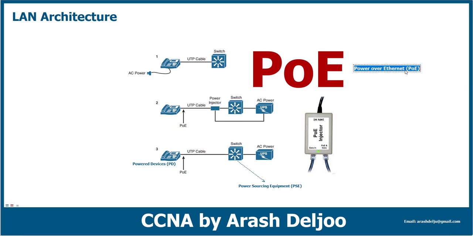You know that in one network, for each device, we need to have power. For example, for the PC, the switch, the router, and for any other devices, we need some amount of power. This is the PC, for example, and then the server, and then the switch, and then the router.